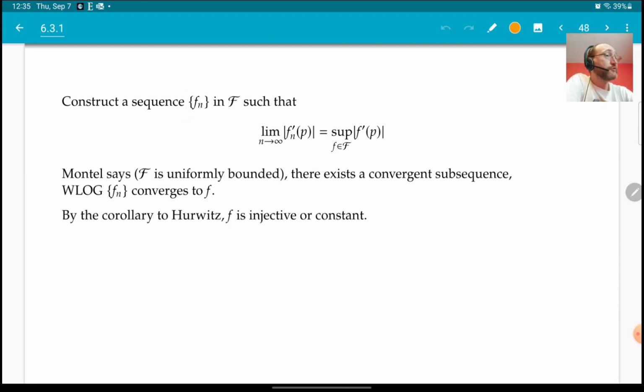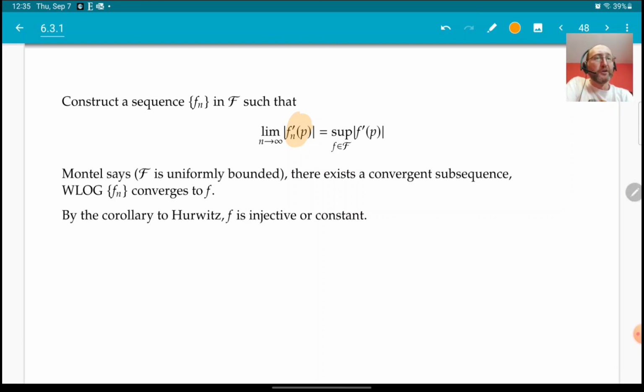Converges uniformly on compact subsets, right? That's the convergence. And all the derivatives converge uniformly on compact subsets. In particular, they converge at p. So we definitely get that f_n prime at p converges to f prime at p, right? So now we have this limit.